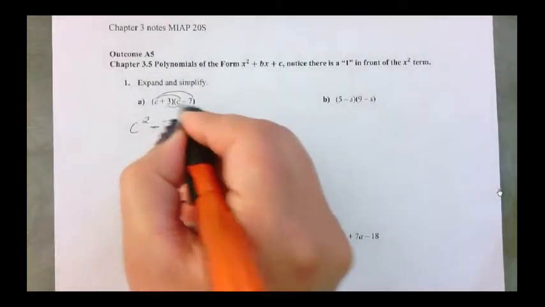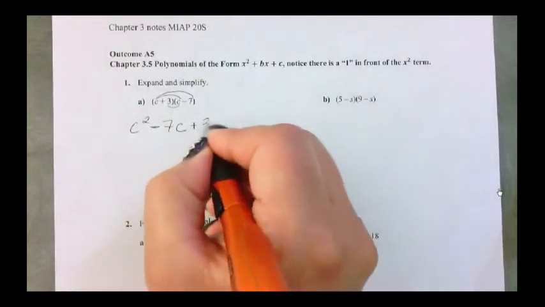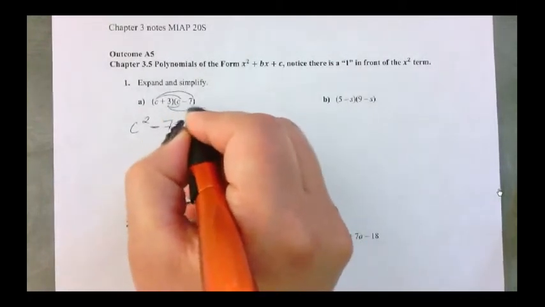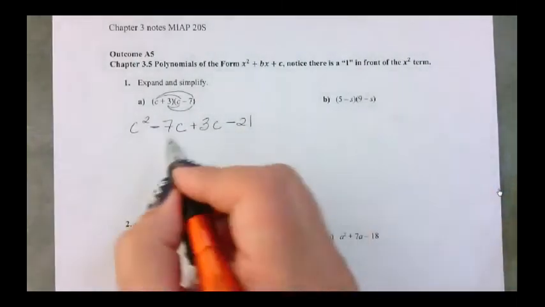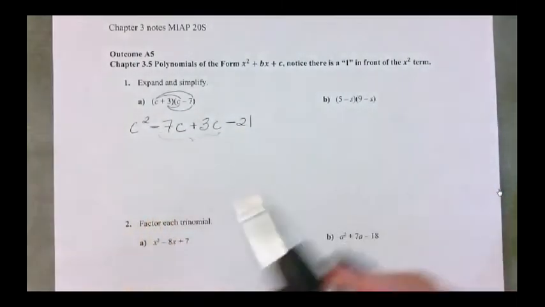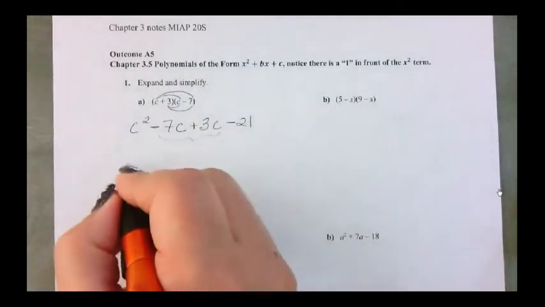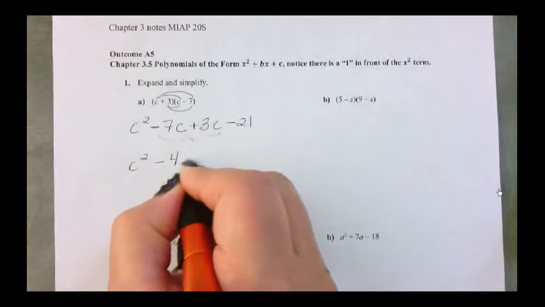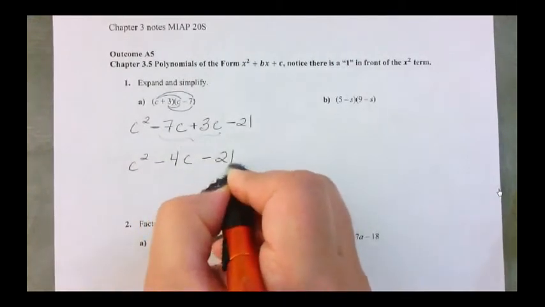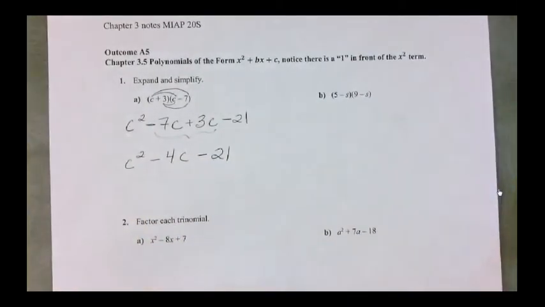And then we take the 3 and the c, that is 3c. And then we take the 3 and the minus 7, and that is minus 21. So now these two are like terms, so we're going to combine them. And we end up with c squared minus 4c minus 21. All right.